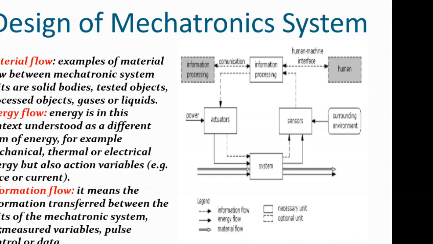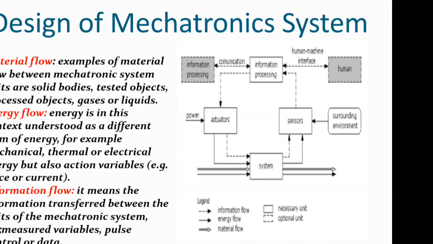In material flow, for example, the flow between mechatronic system units are solid bodies, tested objects, processed objects, gases, or liquids. So if the flowing thing is material or a physical thing, then it is a material flow system. So, in the mechatronic system, there is a flow of material or energy or information.